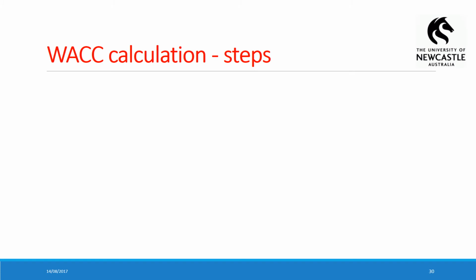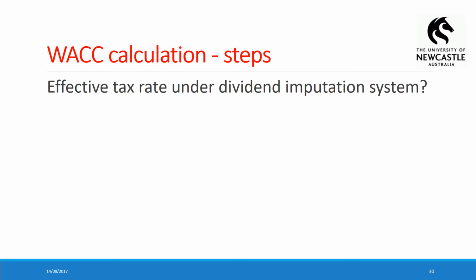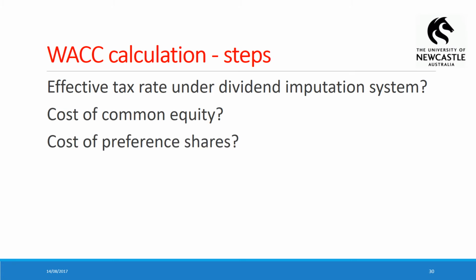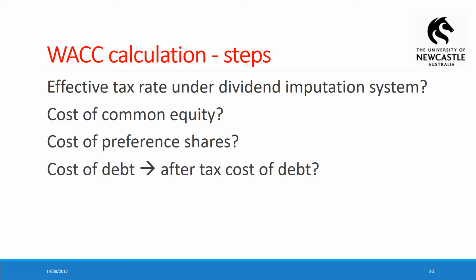So we went through all the basic calculations of the weighted cost of capital. To summarize, for these calculations, we have to work out first the effective tax rate. If the firm has any tax credit, for example, in this case, the imputation tax credit. We then work out the cost of common equity, the cost of preference shares, and the cost of different types of debt.